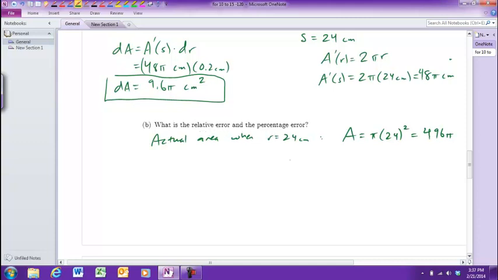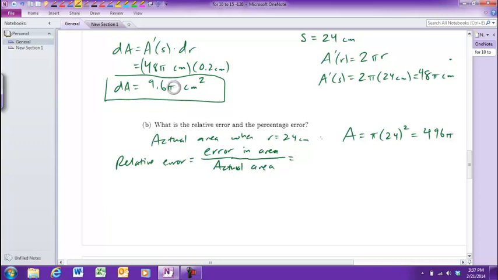And our relative error, the way we calculate that, that's equal to the error divided by the, let's say, error in area divided by the actual area.